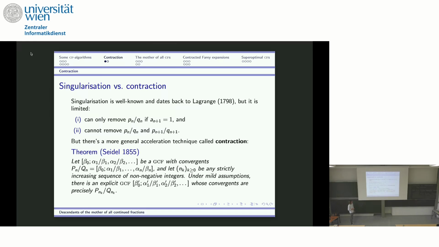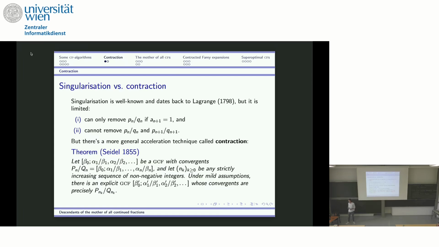But there's a more general acceleration technique called contraction that seems to have been somewhat overlooked, at least in the dynamical community that studies continued fractions. This is due to Seidel from 1855. You start with a generalized continued fraction expansion, and it produces a new one whose convergents are any prescribed subsequence of the original convergents. So you pick any subsequence of strictly increasing non-negative integers that you want, and then you can produce a new explicit continued fraction expansion whose convergents are precisely that subsequence.